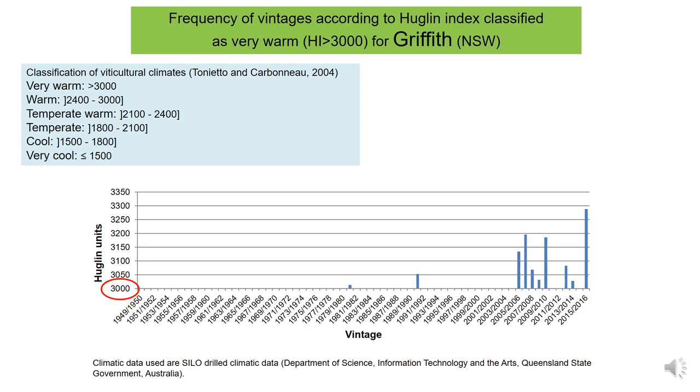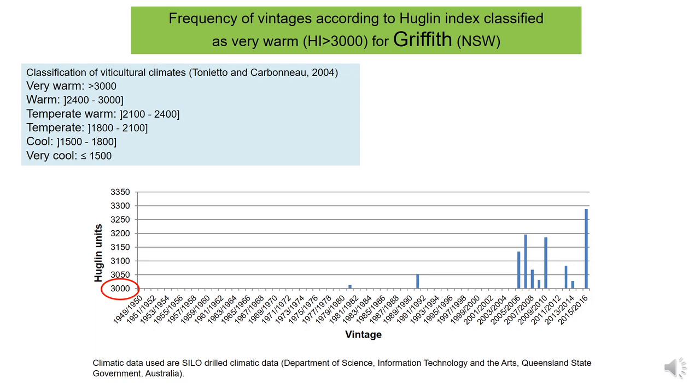For example, Pinot Noir will do well in a cool temperate climate, while perhaps the Pinot Noir is not really adapted to warm, very warm climates or regions.